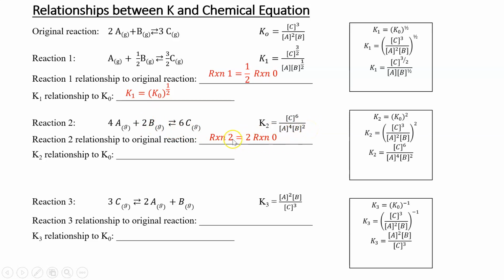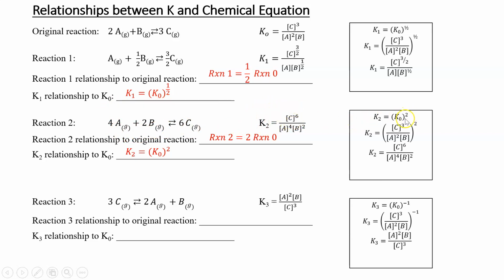Since I multiplied by 2, I've actually just raised the K value to the 2nd power. K2 is K0 squared. So when I double the coefficients of the reaction, I have to square the K value.